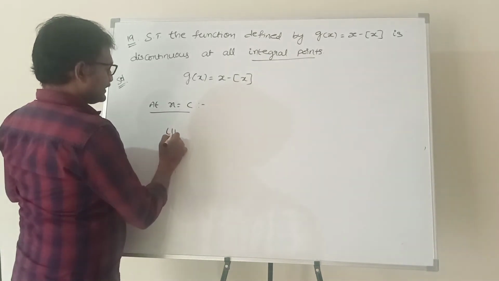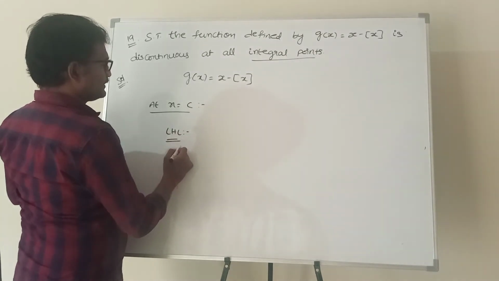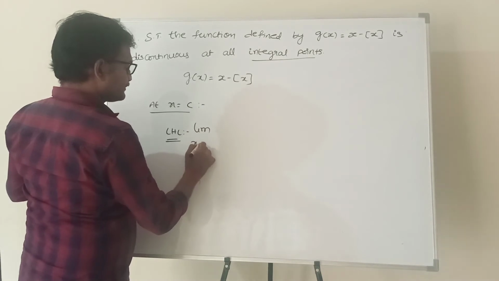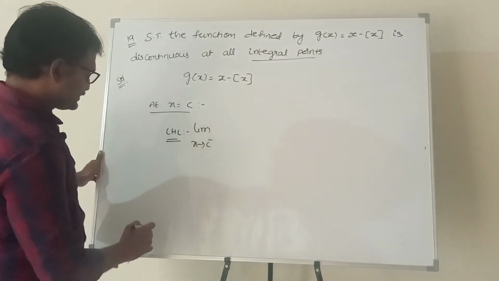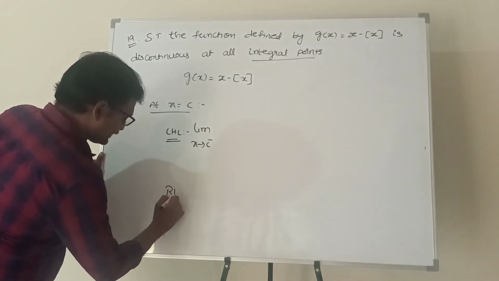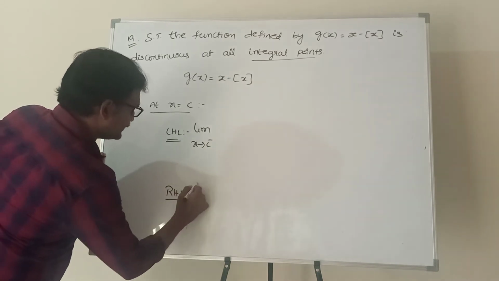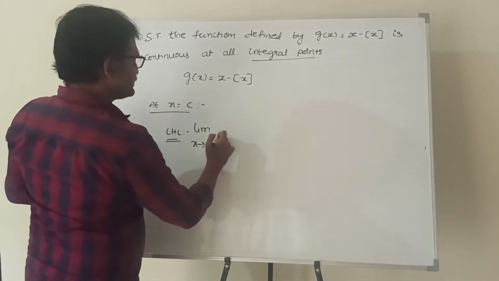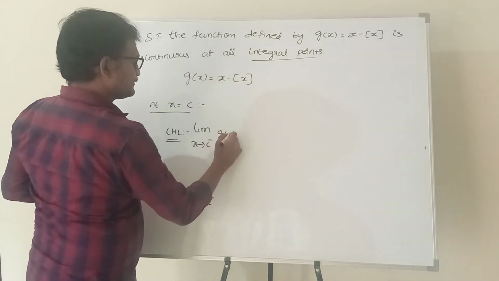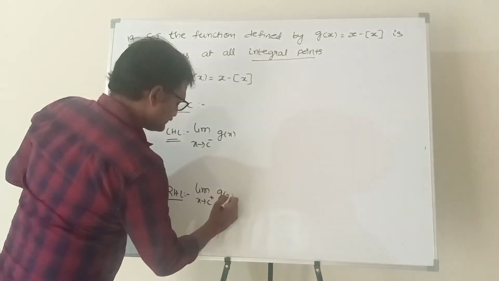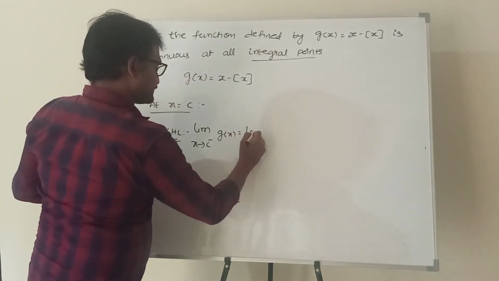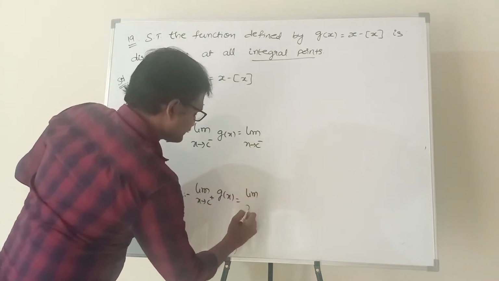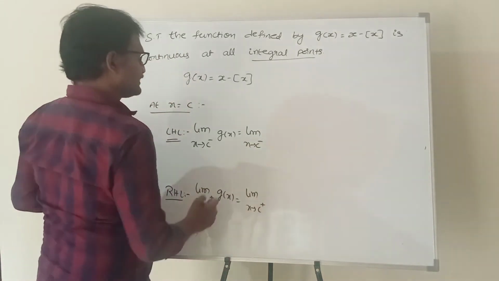Then take the left hand limit for the given function: limit x tends to c minus of g of x. Similarly, the right hand limit: limit x tends to c plus of g of x.